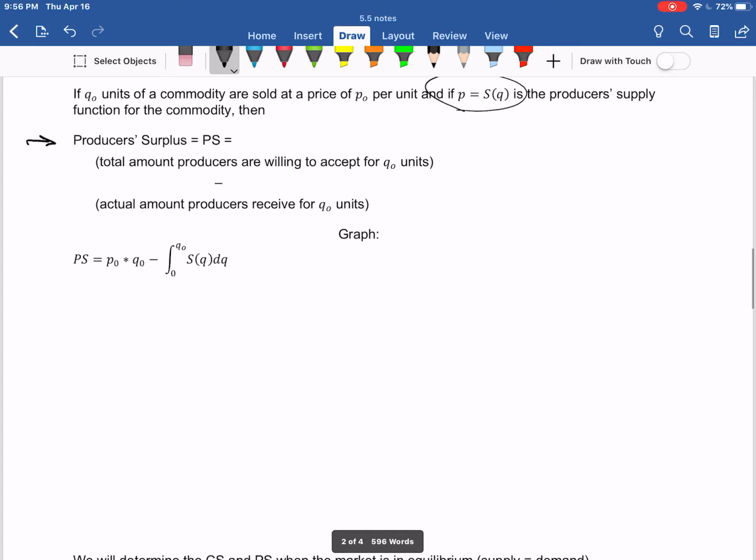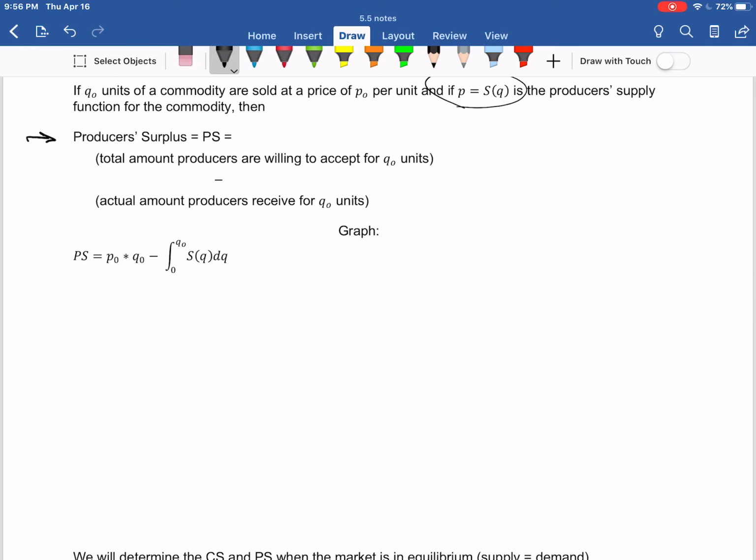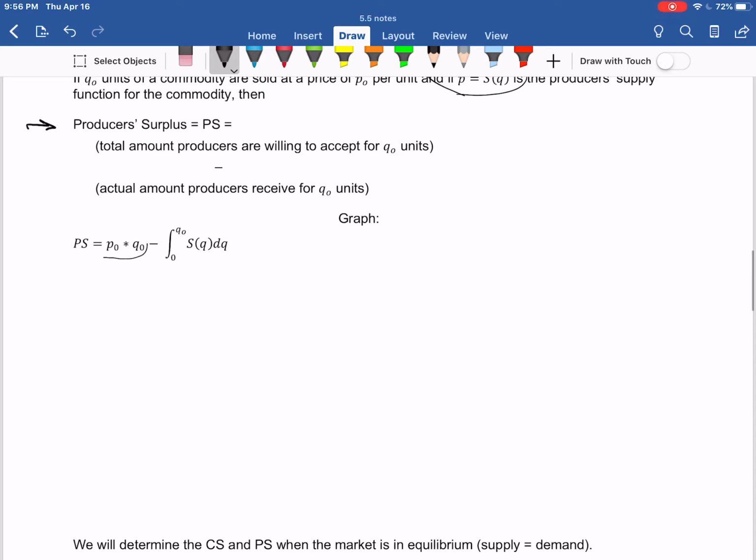And so the integral is backwards, it looks like. So now you've got the rectangle area first, which represents how much they actually made on the deal, minus the integral of the supply function. So let me see if I can draw you a graph. So supply functions typically go like this. Okay, they're going to go up.